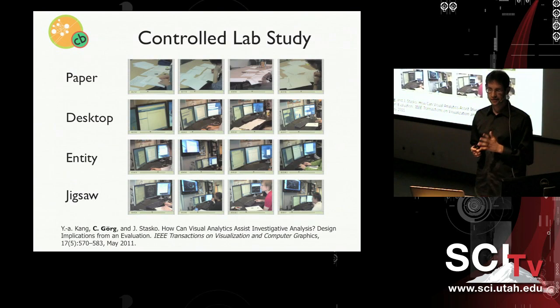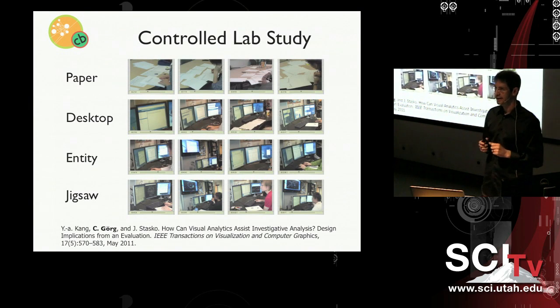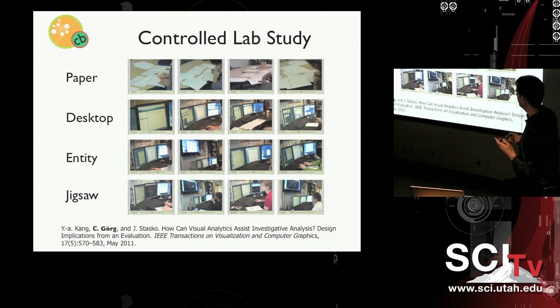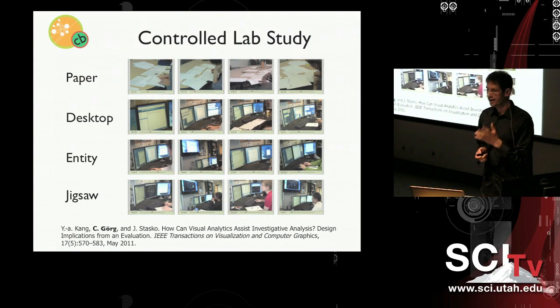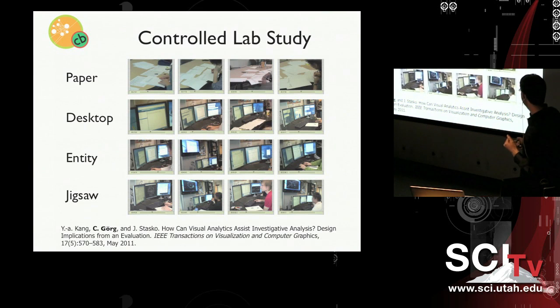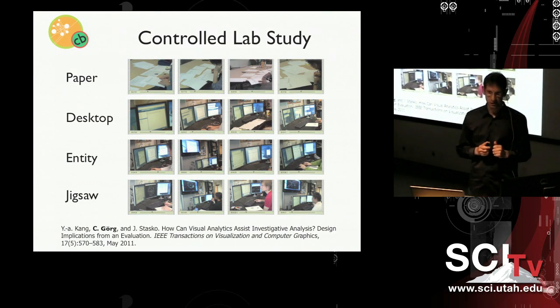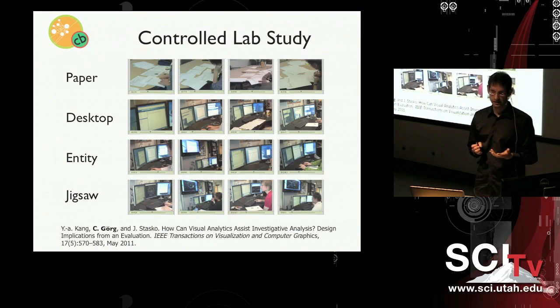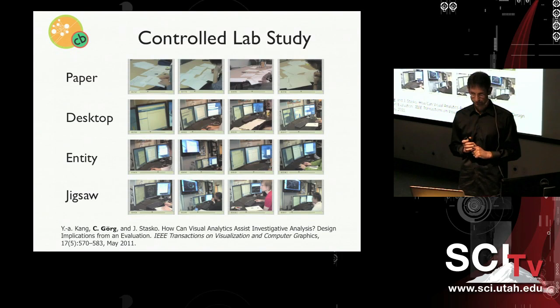We only provided the document view that was showing the document text along with entities that were automatically identified within the document text. So settings 2 and 3 are very similar. The difference is that in setting 3, the students also had the automatically identified entities available. And in the final setting, the students were using the complete suite of visualizations within the Jigsaw system.